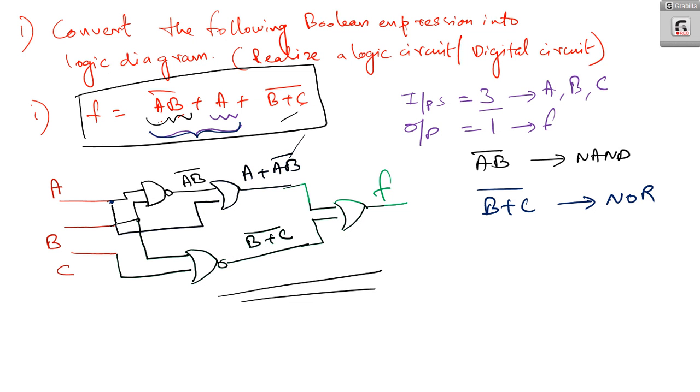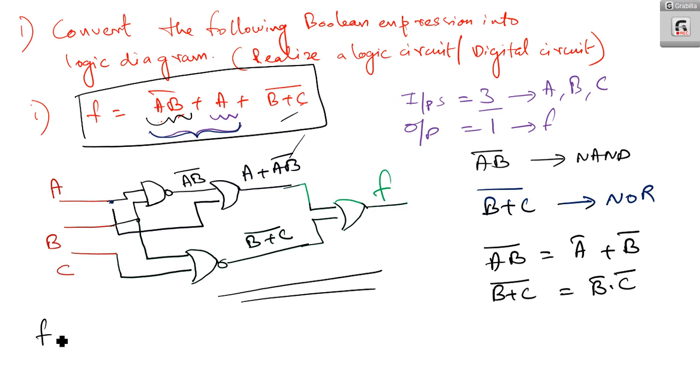This can also be realized in another way. That means A B bar, by De Morgan's law, you can take it as A bar or B bar. Similarly, B or C whole bar, using De Morgan's law, you can take it as B bar dot C bar.